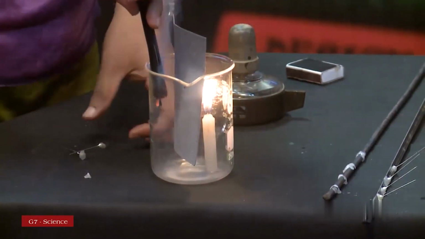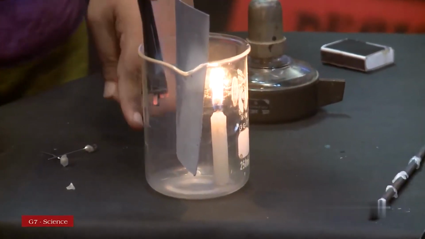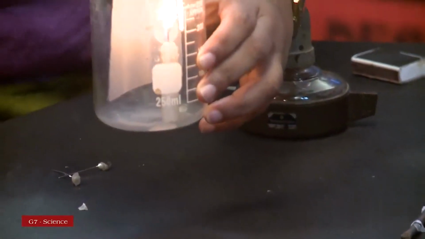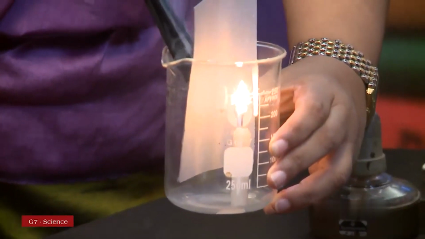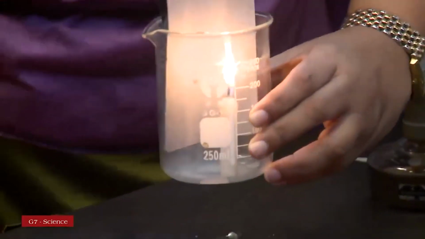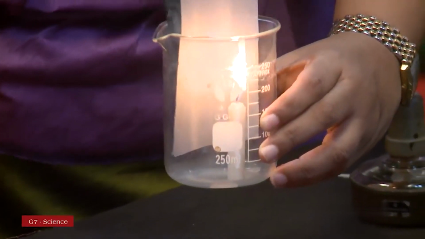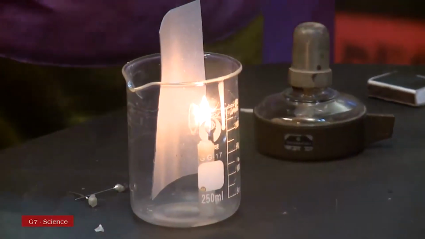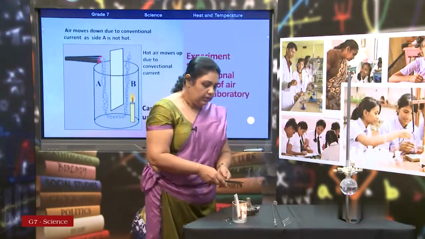Right. Okay. True enough, some are going up, but can you see gas is moving down and coming from the other side? Can you see? It is coming from the other side, not straight away. It goes down and comes from the other side. From the candle side, it is coming up. This goes down, it is coming out from the candle side. Very, very easy and very simple practical, right.